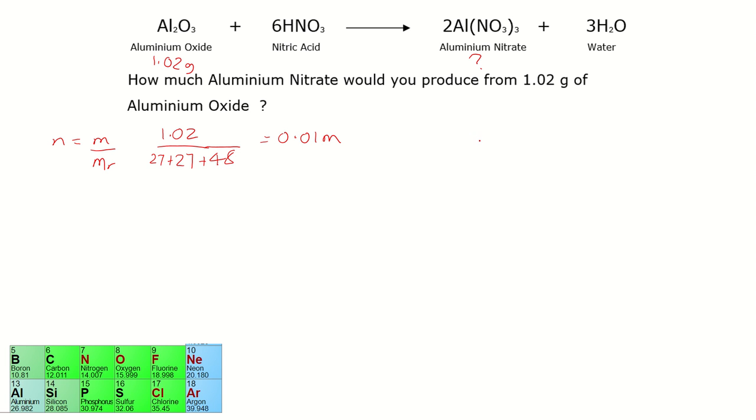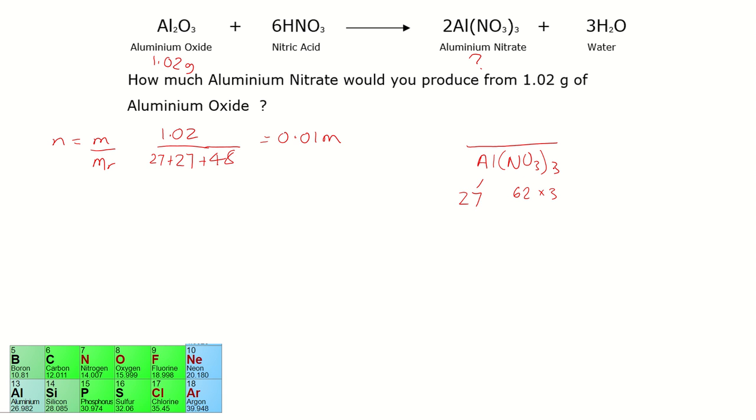Next step I want you guys to do is find out the molecular mass for aluminium nitrate. Okay, now aluminium we know is 27, and the nitrate itself is 14 for that, plus 48. So 14 plus 48 equals, one nitrate is 62.